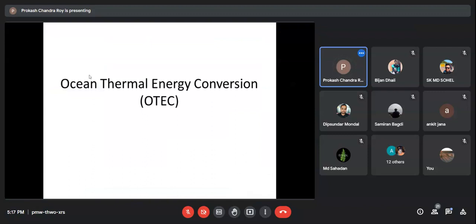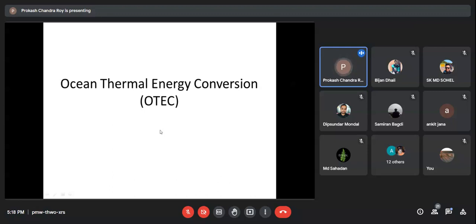So what is this? Here we will think about thermal energy. When you have the ocean, in the upper surface the water gets more heat directly from the sun.